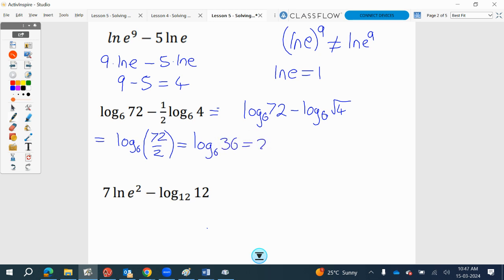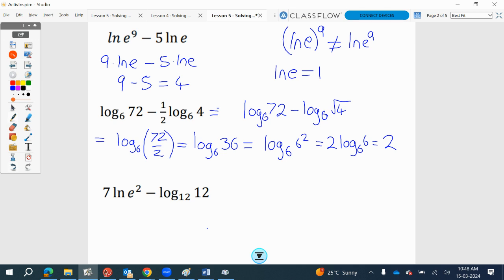And this we can evaluate to be 2, because 6 squared is, let me do an extra step here. That means we can rewrite 36 as 6 squared. Using the power rule, we get 2 log base 6 of 6. Log of any number to its base is 1. Then we'll simplify down to 2.